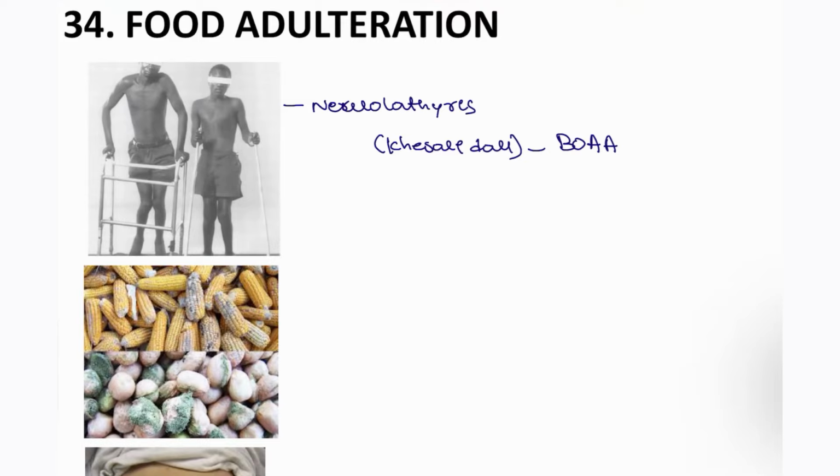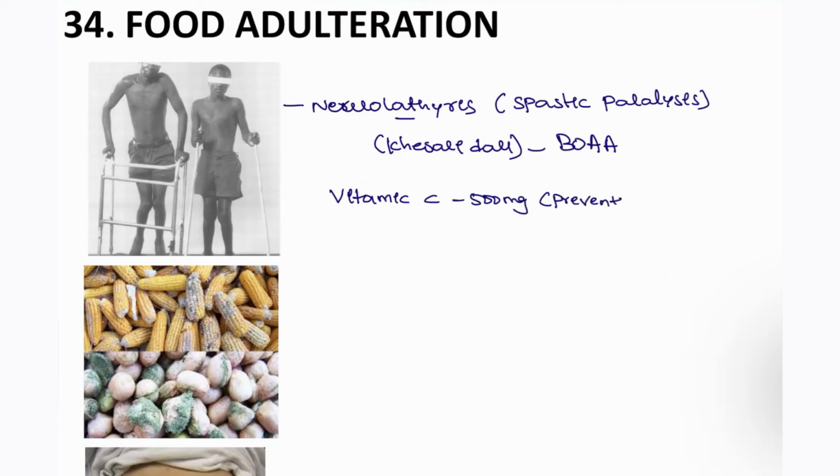Kesari dal, if taken, is going to cause neurolathyrism. It is nothing but spastic paralysis. So what is the prevention? Vitamin C 500 mg is given for prevention, and ban the crop. Okay, that is one way we can avoid this.